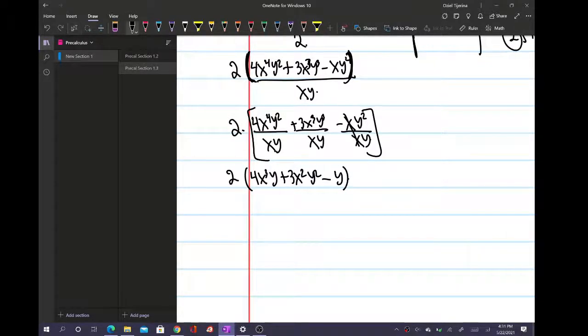And since I divided by xy, I can multiply it back in, but not into the parentheses, but outside. So I can say that this can be 2 times xy times 4x cubed y plus 3x squared y squared minus y.